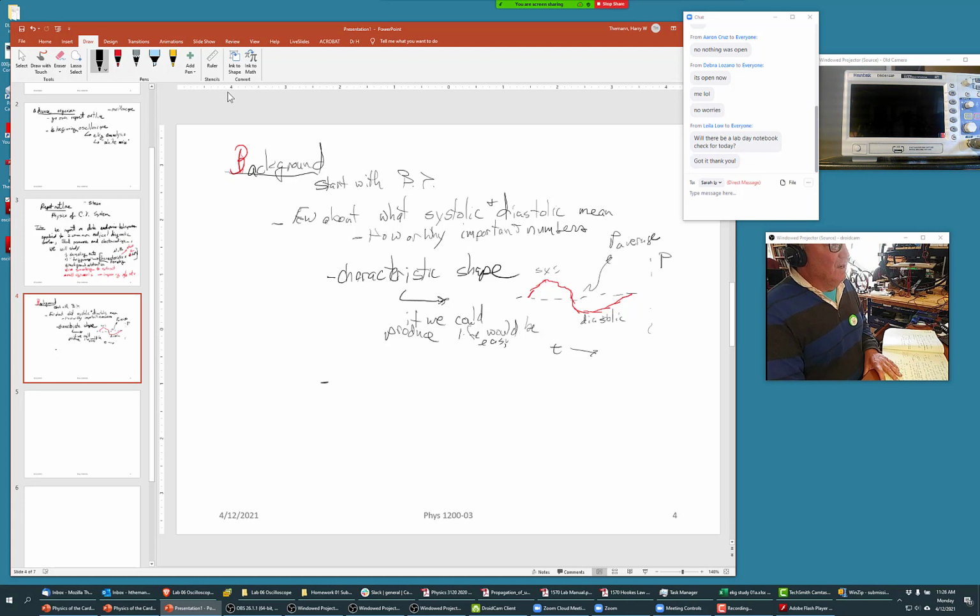So we used a cuff and transducer, and similar to standard.